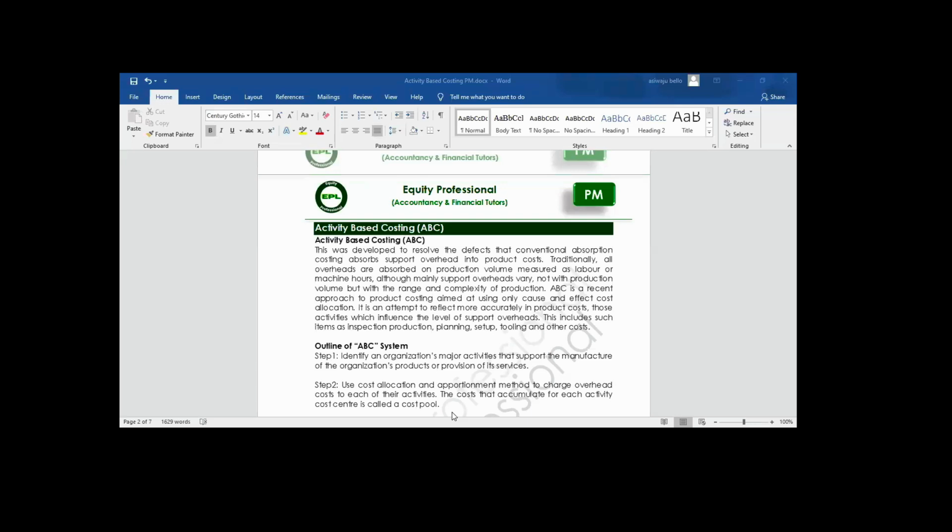Indirect costs are costs incurred, but cannot be traced to a particular product or service.